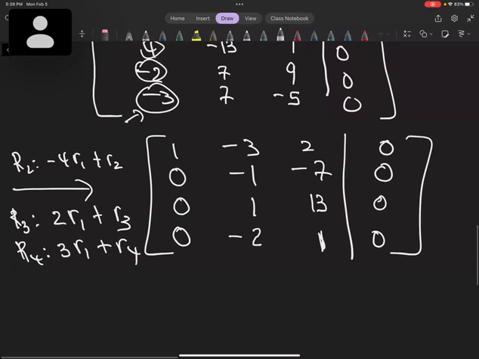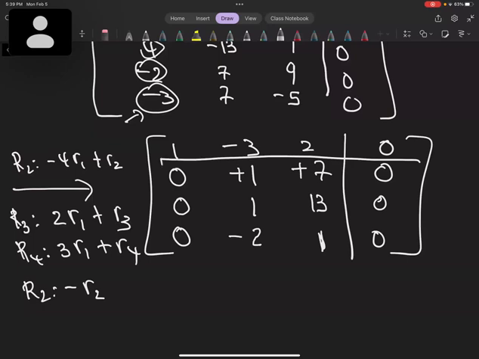Okay, now I like to change my row to positive just to make it standard. So let's make here new row 2 is minus all row 2. So that's gonna be plus and plus, right?